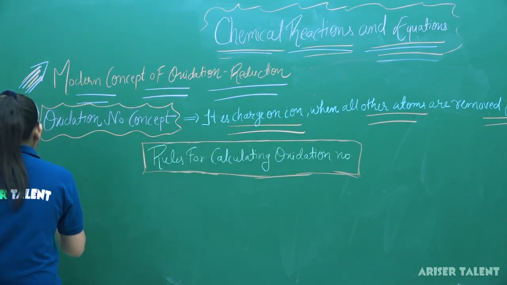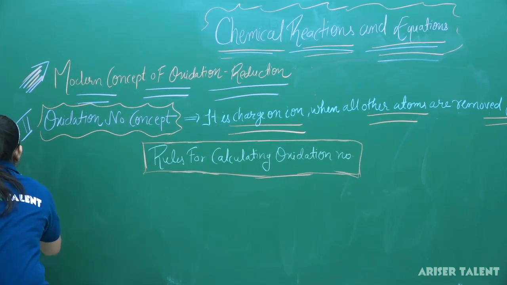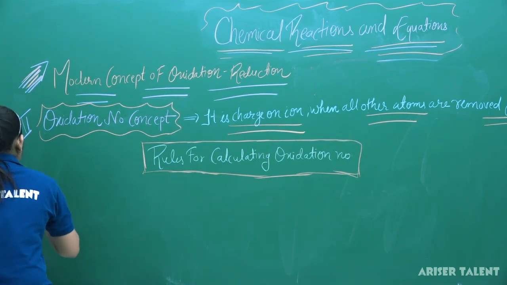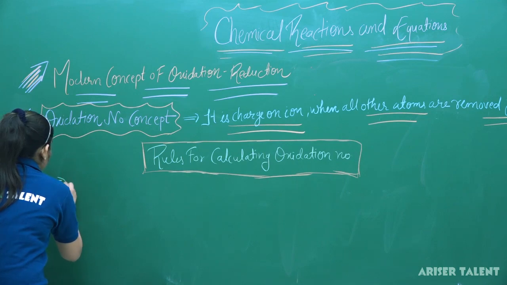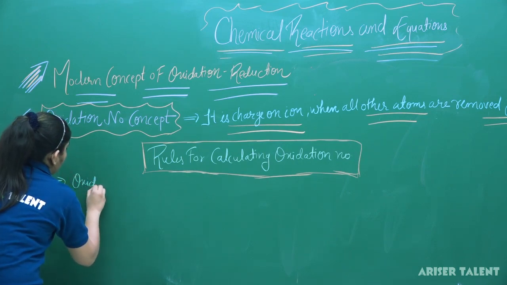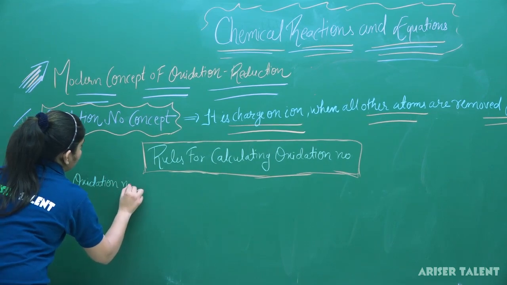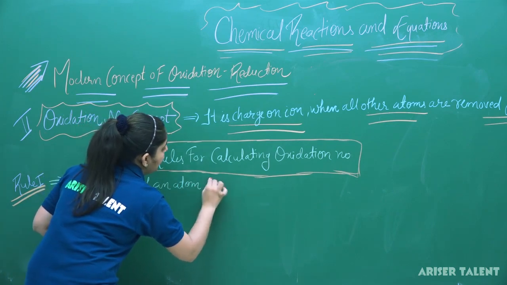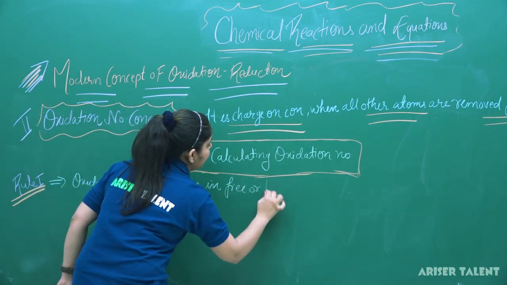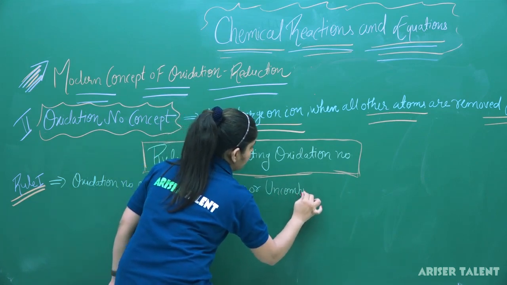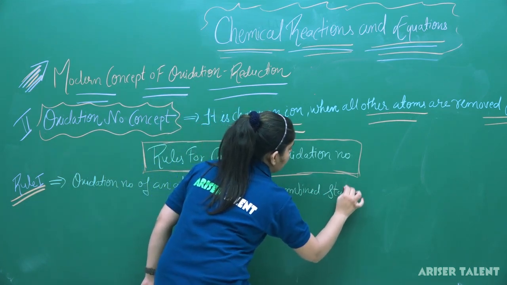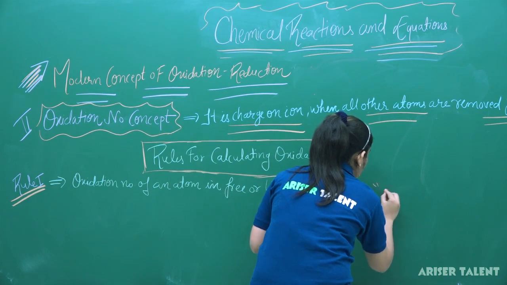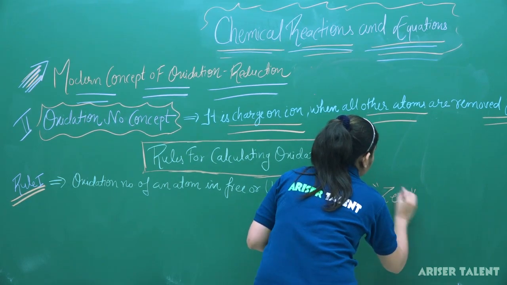So our rule number 1 is, oxidation number of an atom in free or uncombined state is 0.